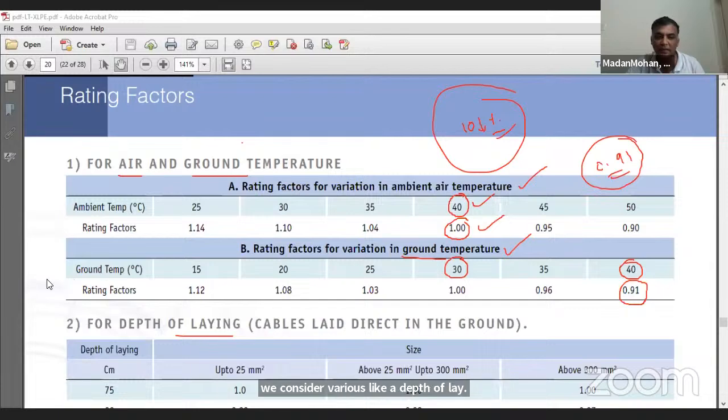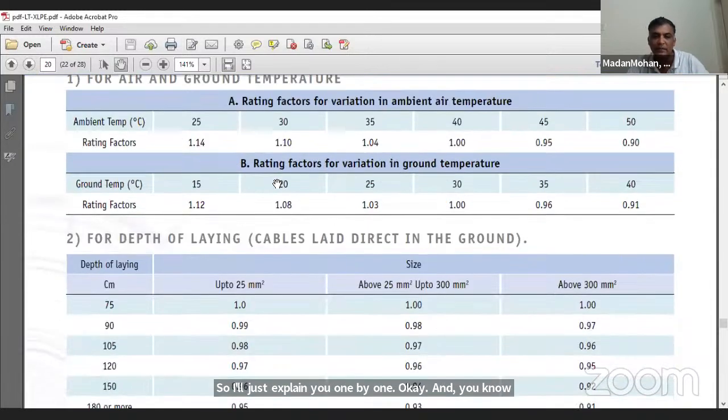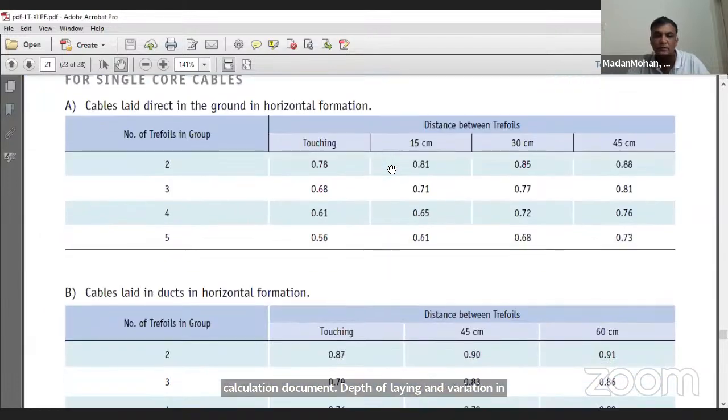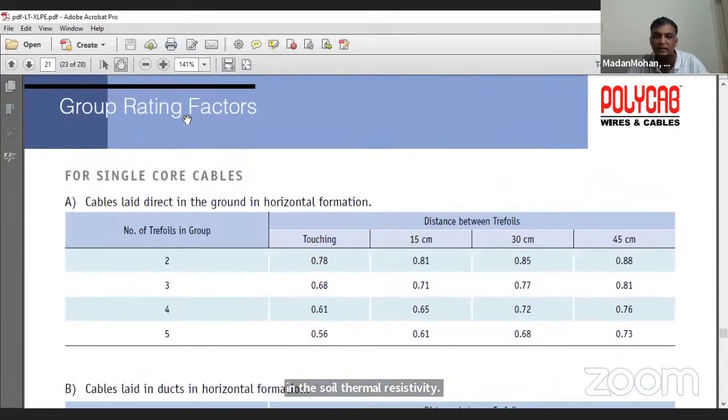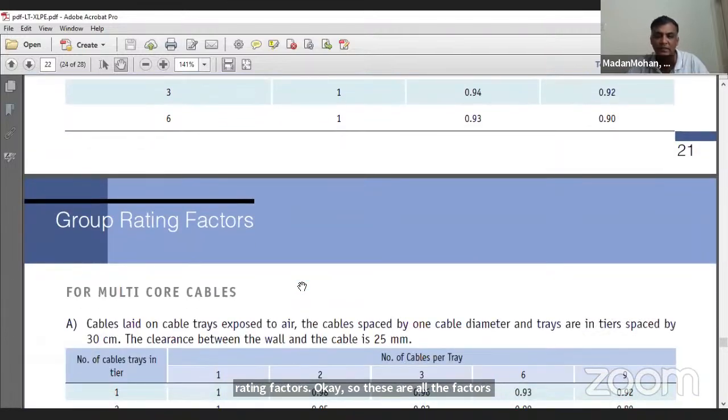I'll explain one by one. I'm in the calculation document. Depth of laying and variation in the soil thermal resistivity. So these are all the derating factors, and here are the group rating factors. These are all the factors we consider for cable sizing calculation.